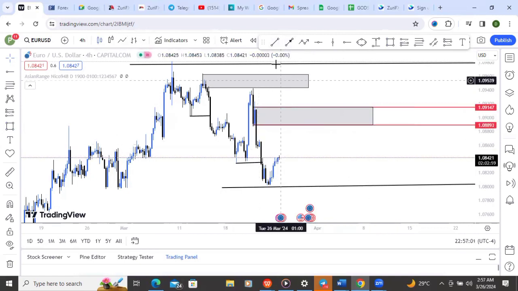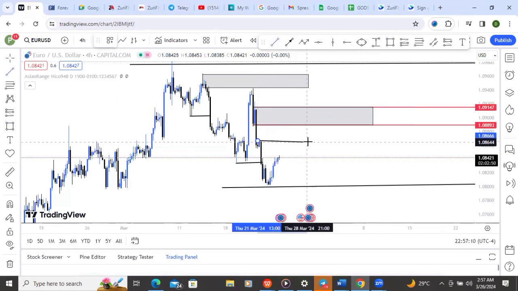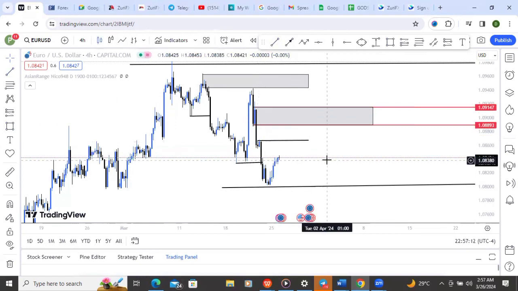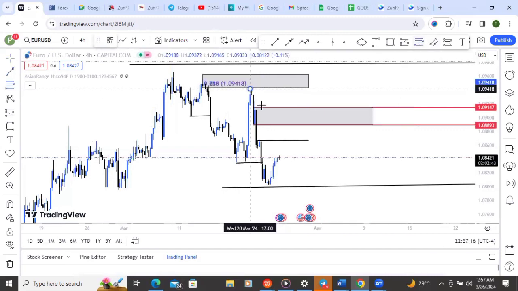And this is also a zone, but since I have my premium zone over here, I'll use this zone as my inducement.